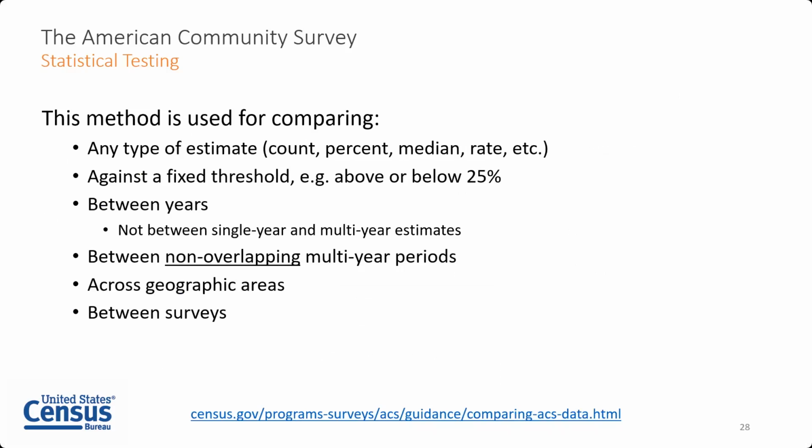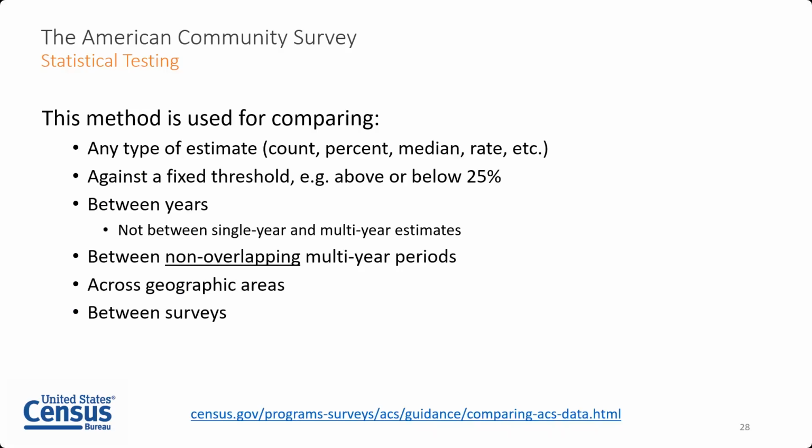Now, the nice thing about the Z-score formula is that you can use it to compare a wide range of estimates, including estimates between different years, multiple year estimates between different non-overlapping time periods, estimates across geographic areas, and estimates between surveys.